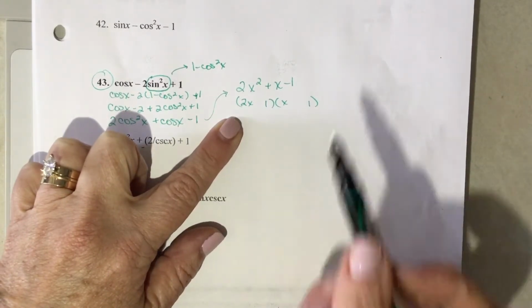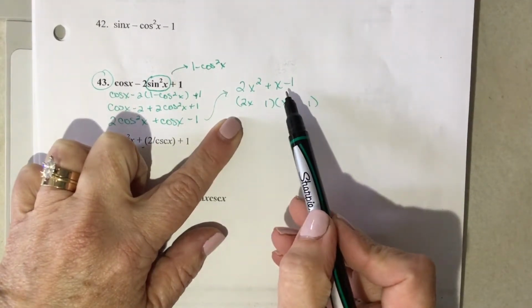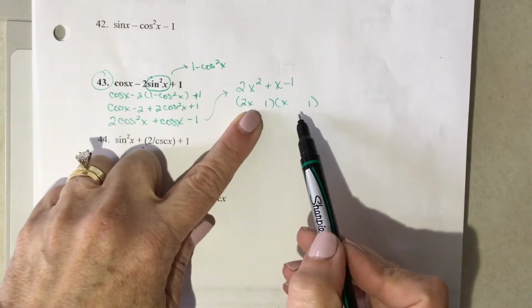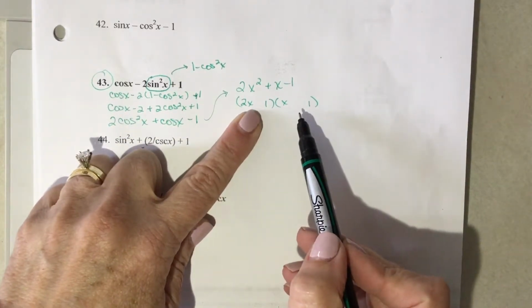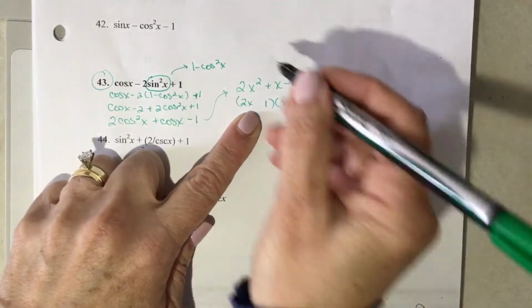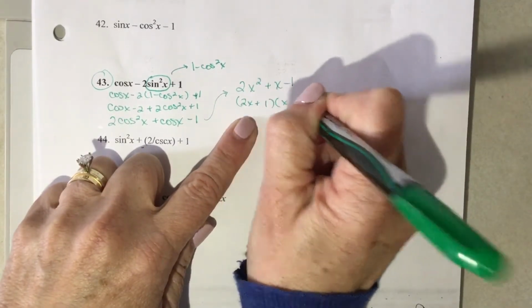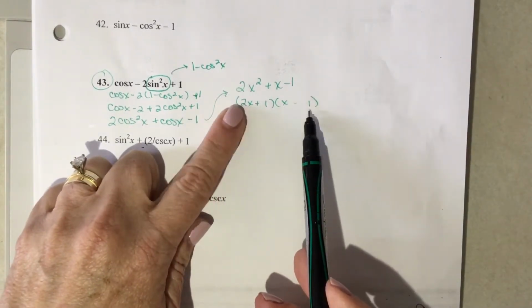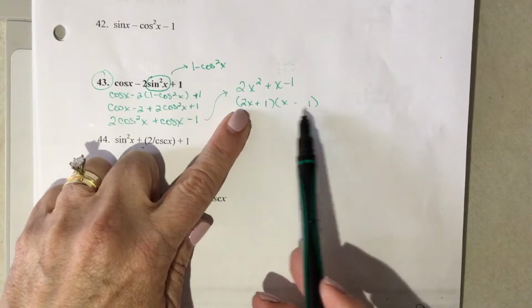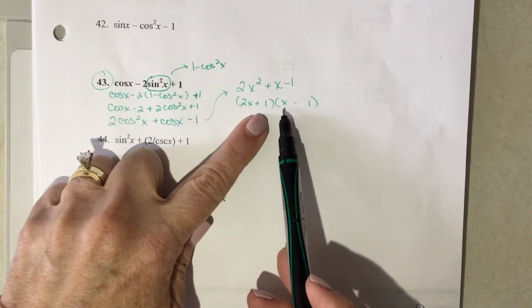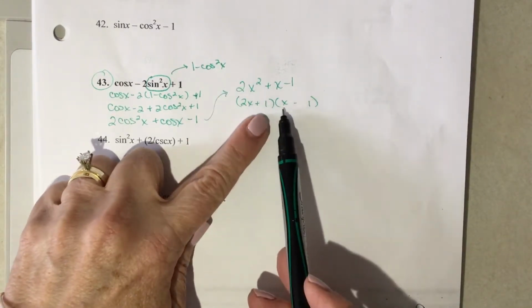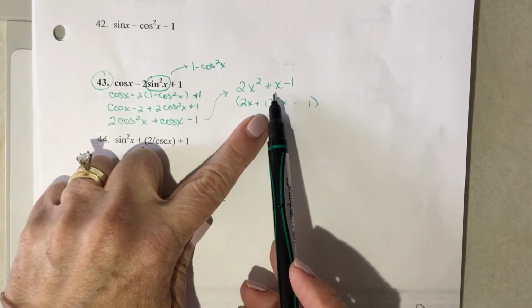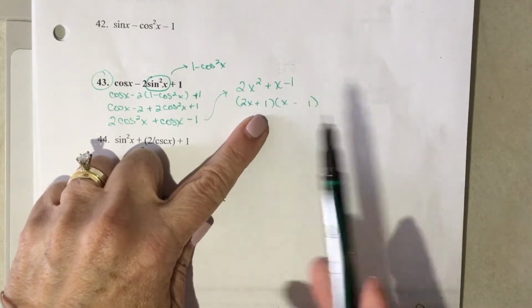But the problem comes, it's a -1. So I'm going to have a plus and a minus here, but I don't know where. And that's where you have to do a little bit of trial and error. So if I put a plus here and a minus here, lightly, because I don't know if that's really what it would be, multiplying these two together I get a -2x. This becomes a positive 1x. Does -2x plus 1x give me a positive 1x? It gives me negative.